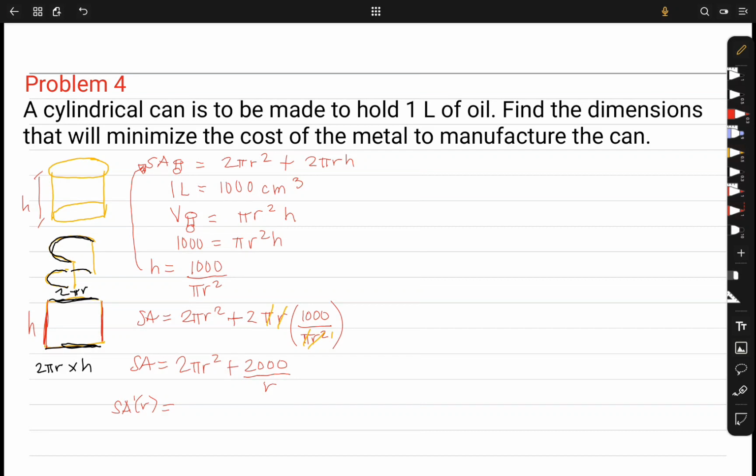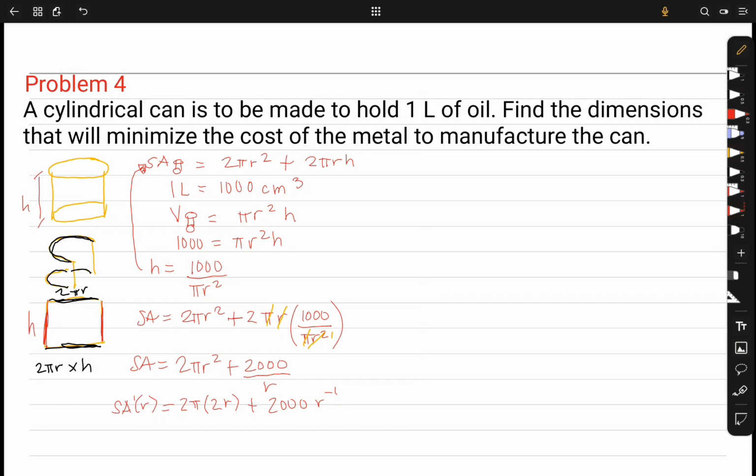That is 2 pi. So, yung r squared natin, that is 2r na lang. Plus, ito, that is 2,000. Pag inakyat natin yung r sa taas, magiging r negative, right? So, that would be negative 2,000 r negative 2.